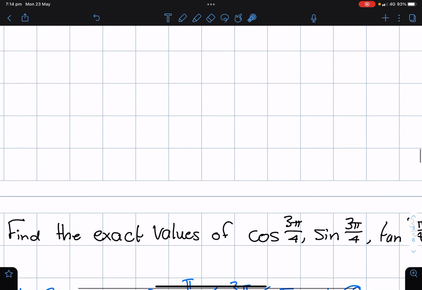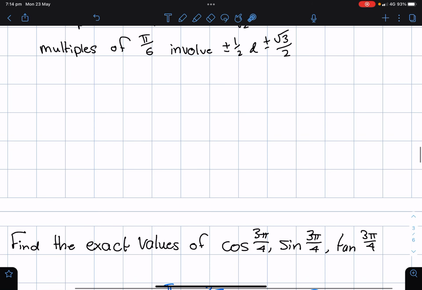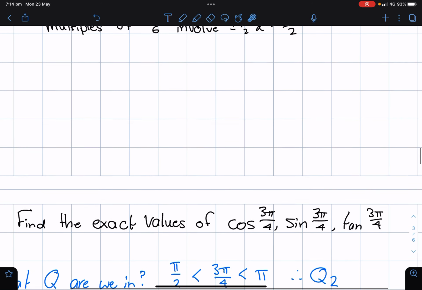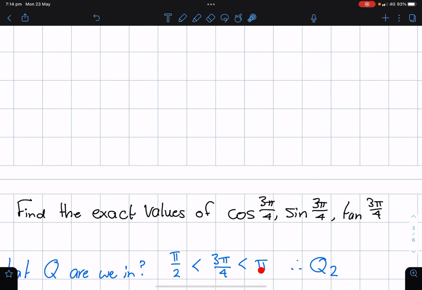All right, let's do some examples. Find the exact values of cosine 3 pi on 4, sine 3 pi on 4, and tan 3 pi on 4. Just like we did with all the questions in the previous video, we need to determine what quadrant we're in and if our values are going to be positive or negative. So 3 pi on 4 lies between pi on 2 and pi.